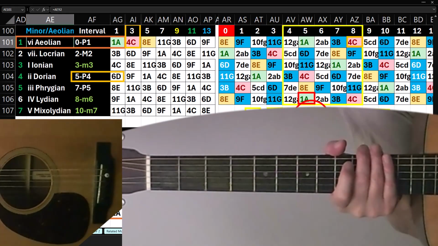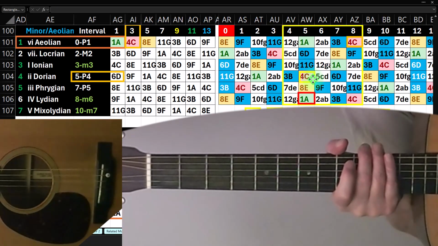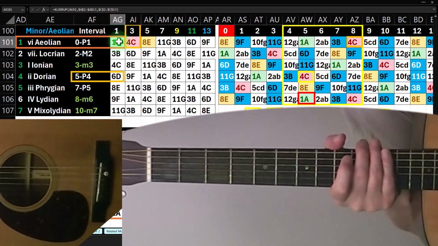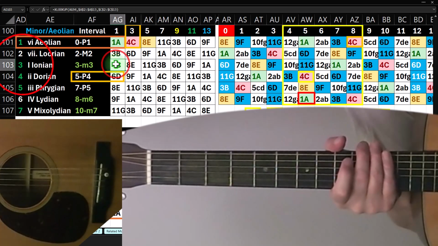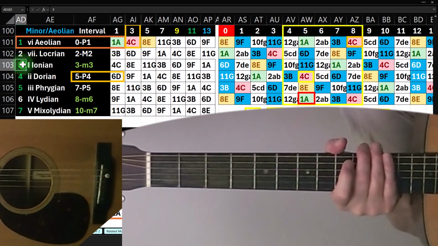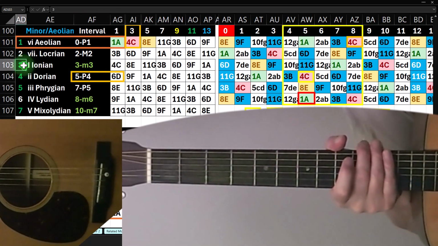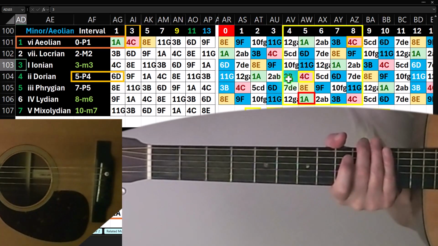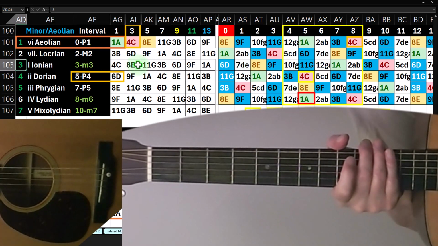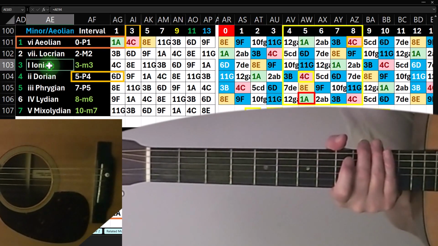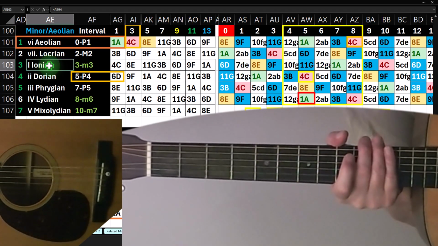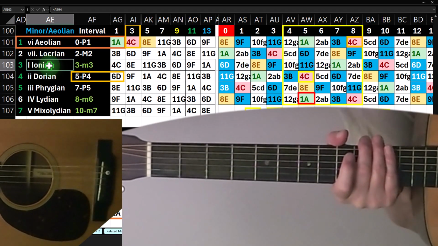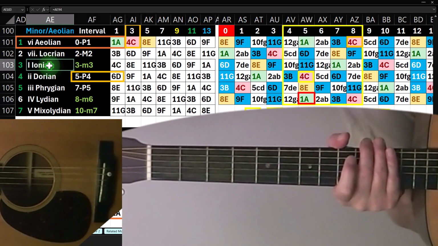And if I looked at this C, then from the perspective of the A minor, that C is the third. But I can also see that C as the first note in the Ionian. So I can call it the start of the Ionian mode, the Ionian note within my shape.